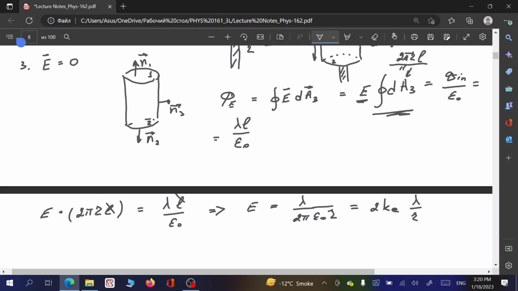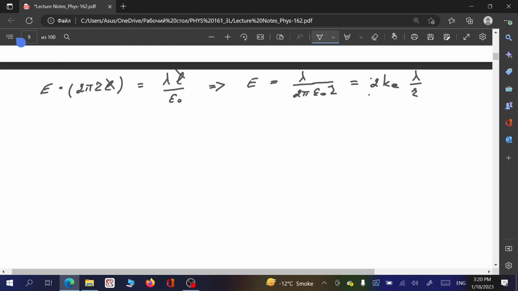So we see that the electric field is inversely proportional to the distance from the wire, and now at any distance from this infinitely long wire, we can determine the magnitude of the electric field. So another example which we should also consider.